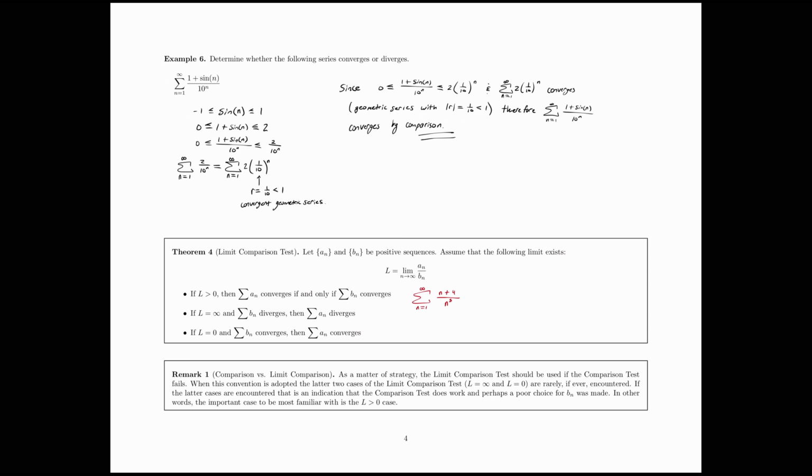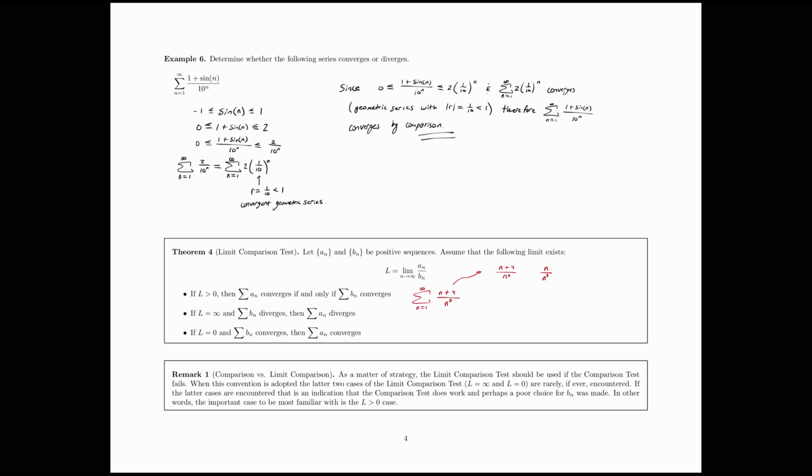If you want to do comparison on this, you could take the actual series term, and say it would be really nice if this 4 went away. Well, if I get rid of the 4, I get that.